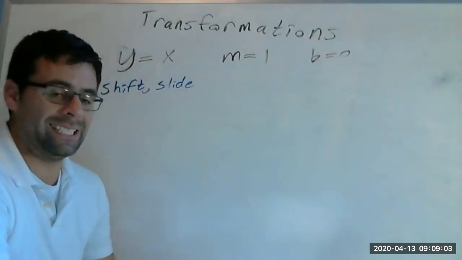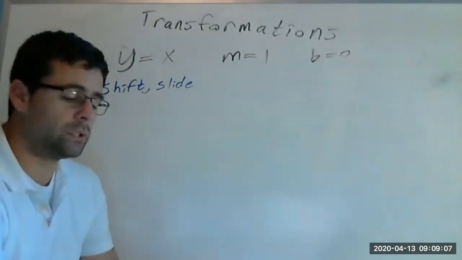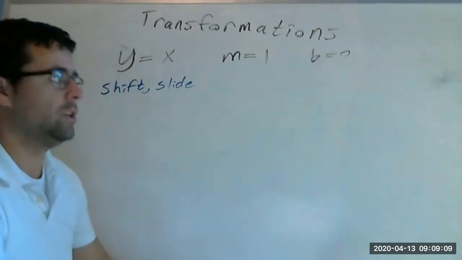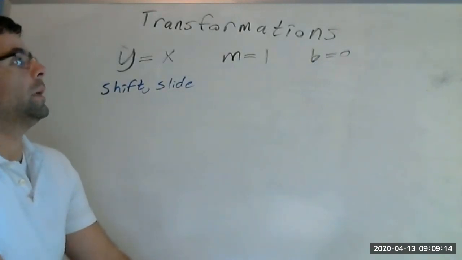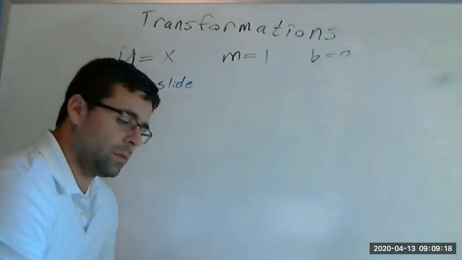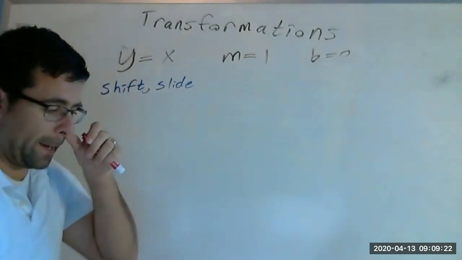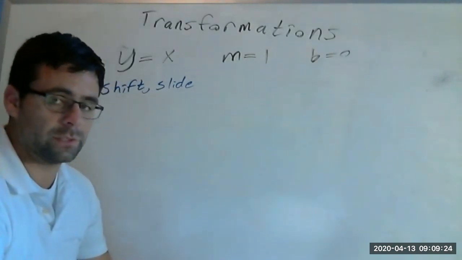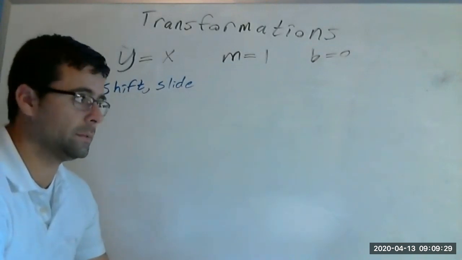This same idea underpins all the other transformations we're going to do, so I suggest you come to terms with it. Instead of moving the actual line around, we shift or slide the graph paper underneath the line.